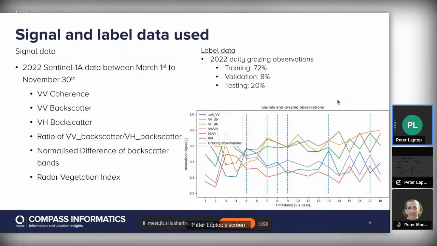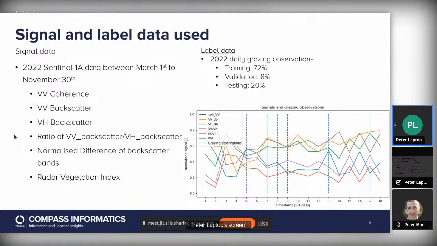From the Sentinel-1A data between March 1st and November 30th, these three signals have been retrieved, from which the later three signals have been derived. The last three signals are basically just derivations of the first three signals.